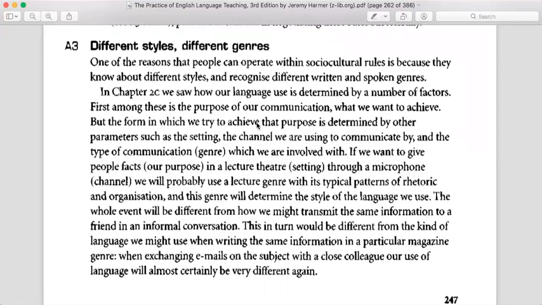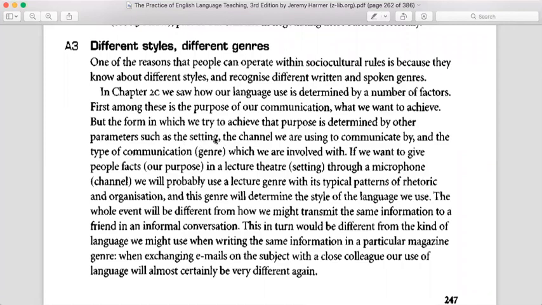Now, some of the things that you need to take care of while you are teaching how to write in different styles, while you are doing different genres, is you need to look at these parameters.